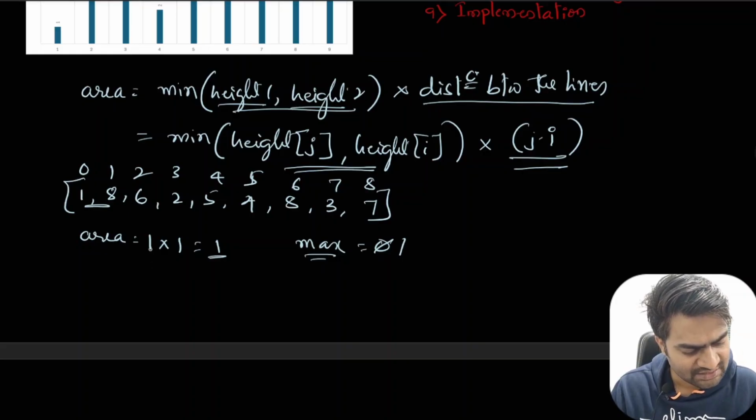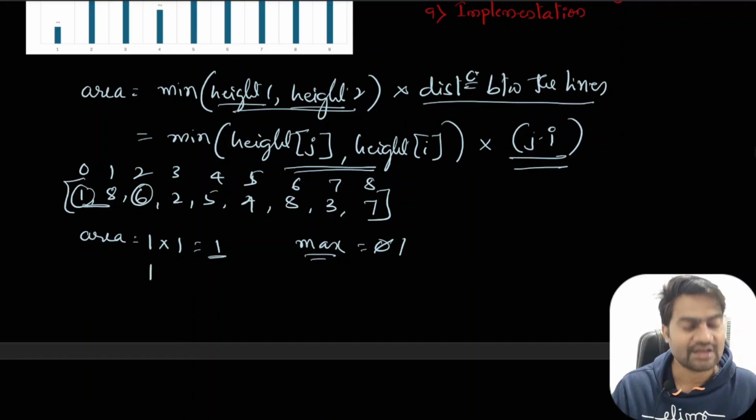Now repeat the same between this and this value, 1 and 6 now. So minimum is 1. So here one thing what you can observe, always we consider the minimum value, correct, right? So if that is the case, here 1 is the least possible value. So in all the cases it will be 1, only the distance will keep changing.